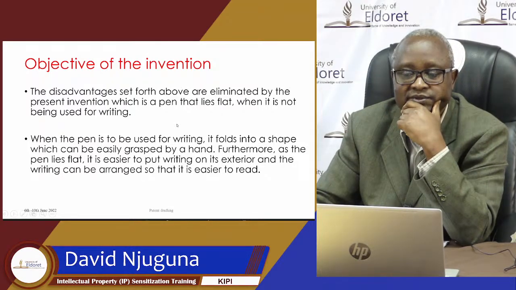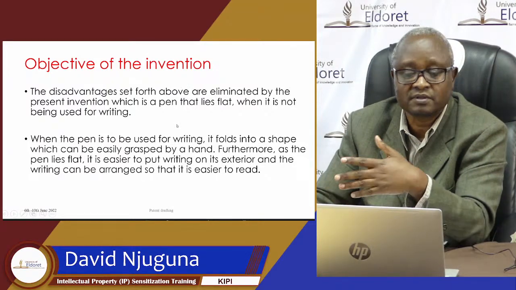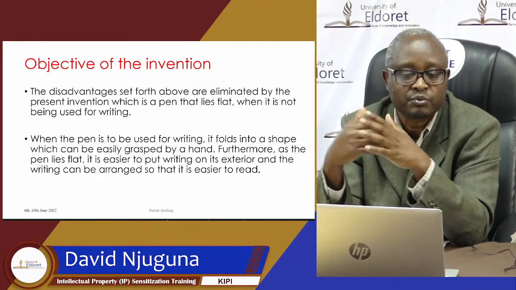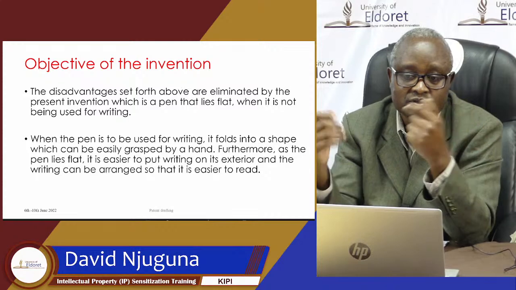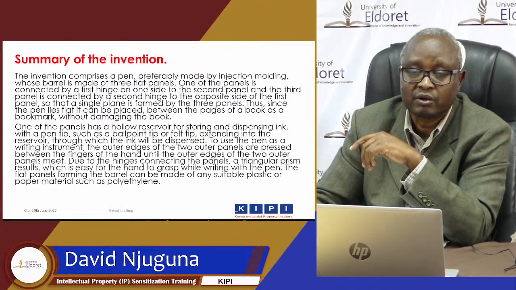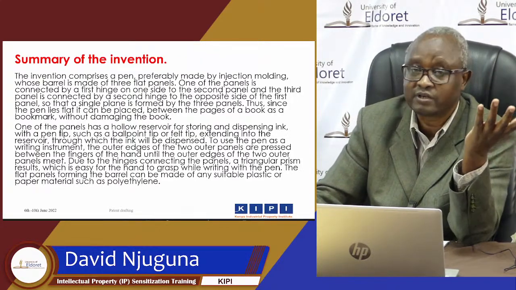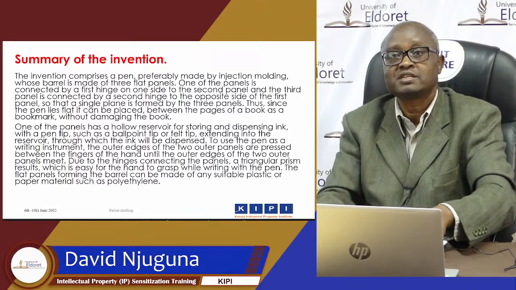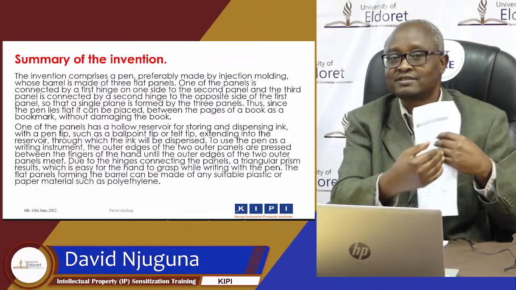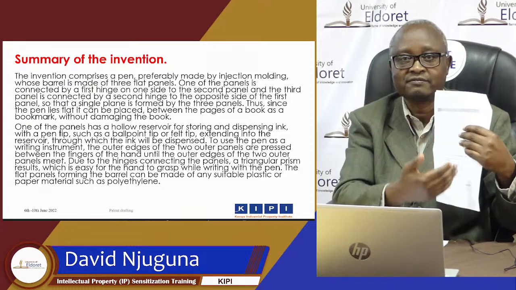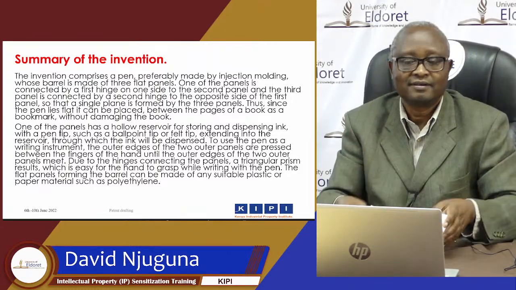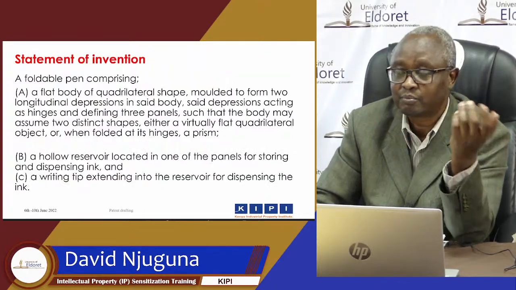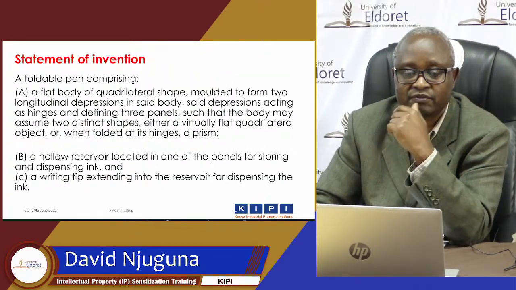When the pen is to be used for writing, you fold it into a shape which can be easily grasped by hand, and use it as a writing instrument. Also, to some extent, you can use it for advertising. When the pen is flat, you can write things on it, put an advertisement or more information about the pen there. So those were the problem that the person identified and the advantages of it.